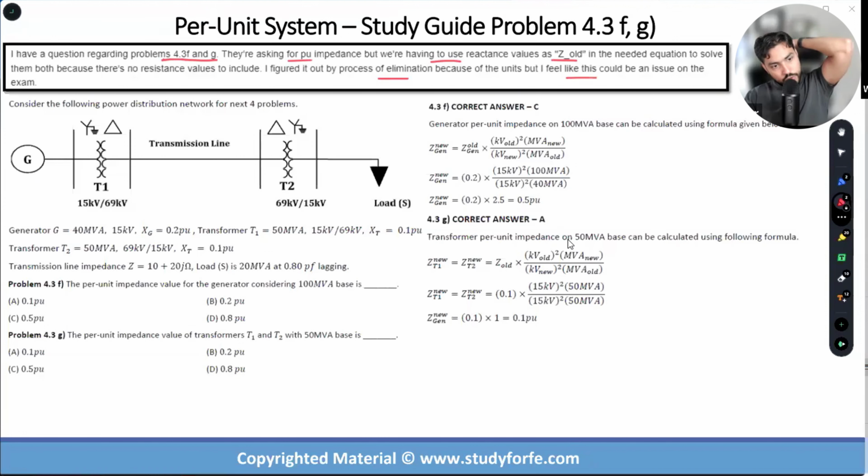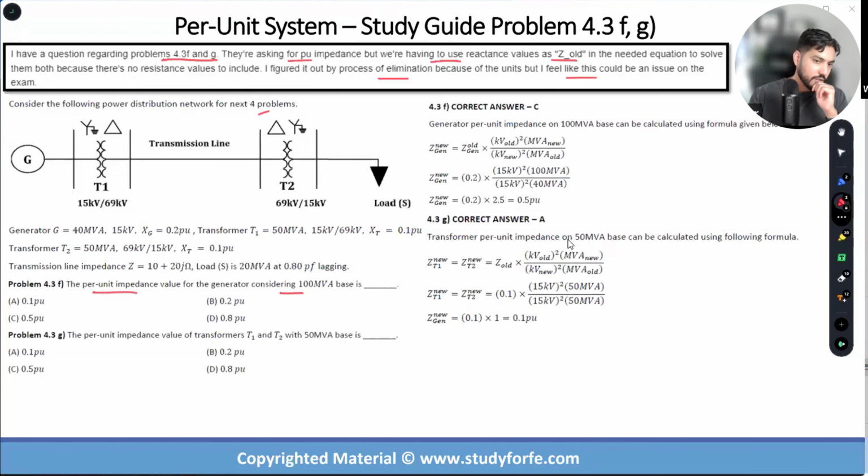So those of you who have gone through this would probably recognize this is a problem from the Study Guide second edition, within 4.3 F and G. And I think the problems H and I are also using the same scenario. So just to zero in very quickly, the per unit impedance for the generator considering 100 MVA base.